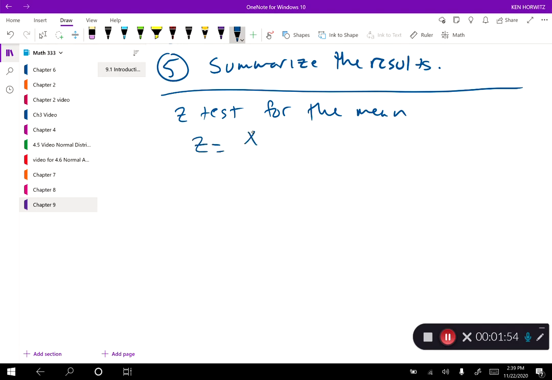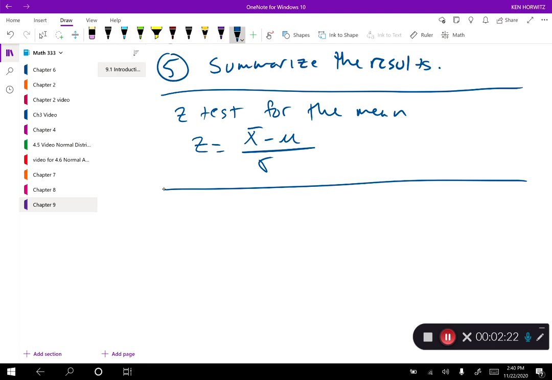It is X bar minus mu over our standard deviation, or in the case of our central limit theorem, standard deviation divided by the square root of our sample size. In other sections, we're going to use other distributions, but for right now, this will focus solely on utilizing Z.